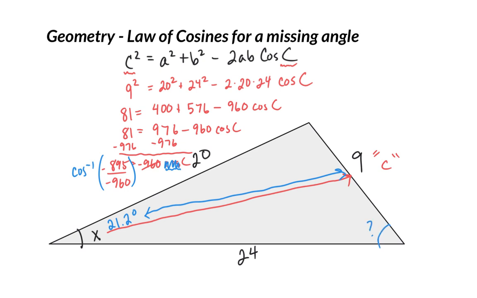We could say, well, we know that the sine of 21.2 divided by 9 is equal to the sine of that missing angle divided by 20, and we could now use law of sines. Just like when you use law of cosines for a side, you shouldn't have to use law of cosines more than once. Once you have found an angle, you should be able to just use that angle to get to your law of sines. Let's do another example.